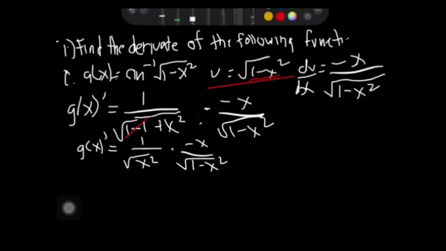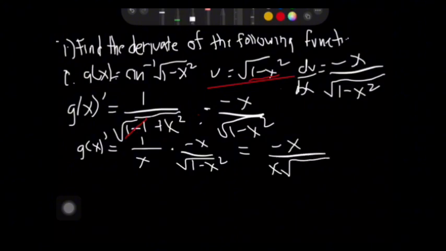The square root of x squared is just x, so we have 1 over x here, and this becomes negative x over x times the square root of 1 minus x squared.